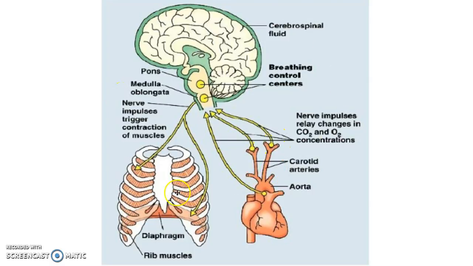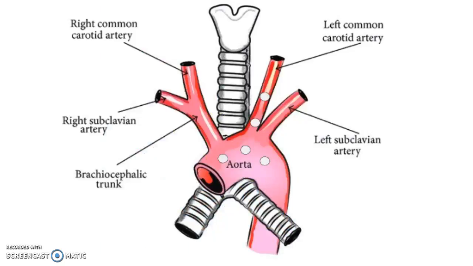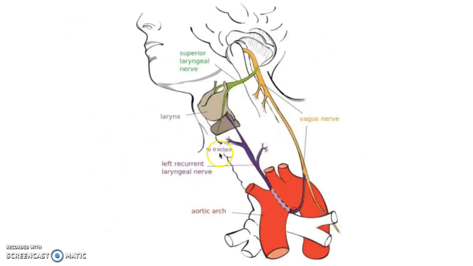So this is just an overview of the afferent and efferent pathway. The receptor located at the aortic arc or the common carotid will pass an action potential when it detects a high pH level. That action potential will depolarize the vagus nerve that will go directly to the medulla oblongata.